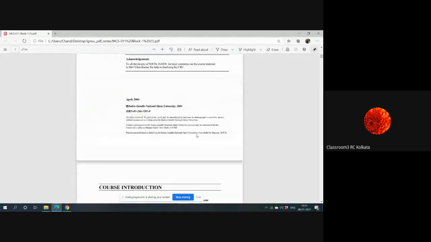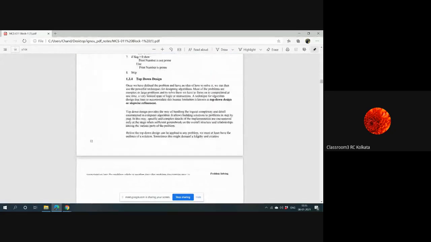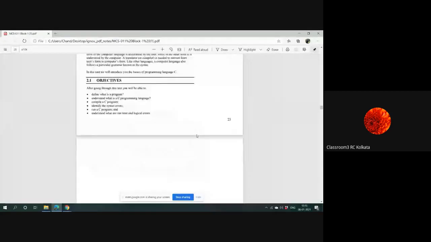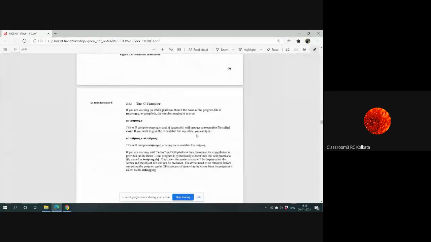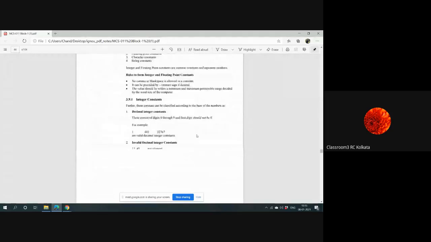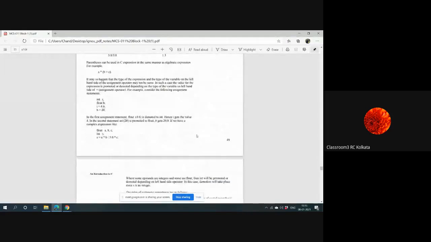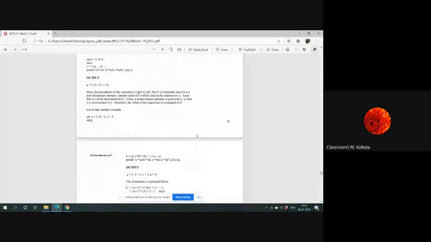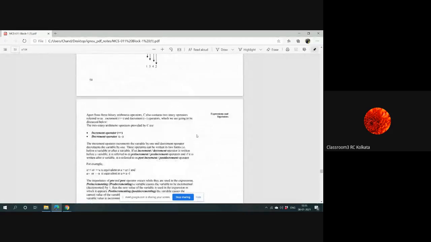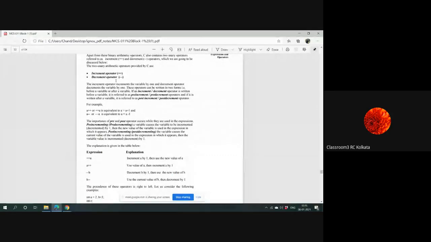Last thing which is just remaining, that is prefix and postfix operator. There are some unary operators. One is the increment operator, one is the decrement operator.